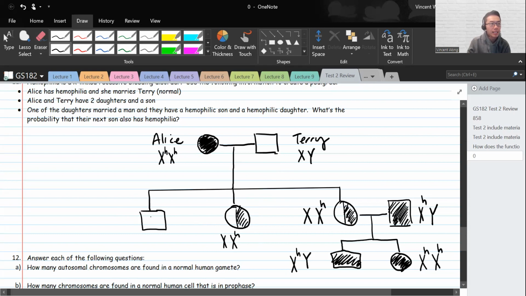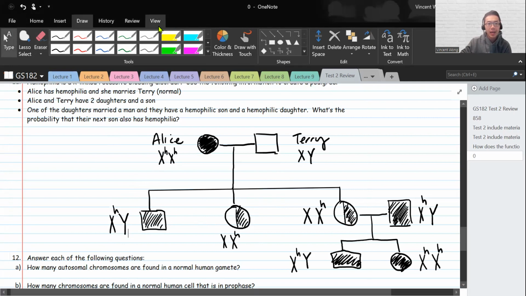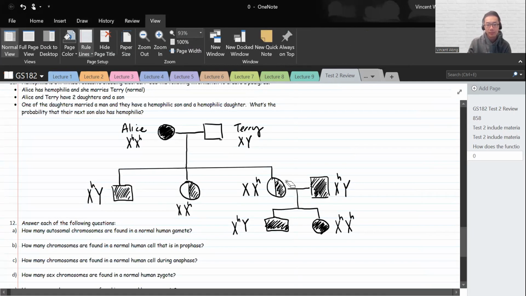And then this son, even though we don't have any information about him in the question, we know for sure he is also going to be a hemophiliac, because he's going to be getting the XH from Alice. So the question is asking, what's the probability that their next son is going to have hemophilia?